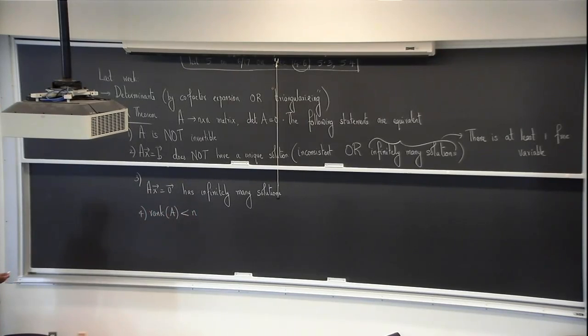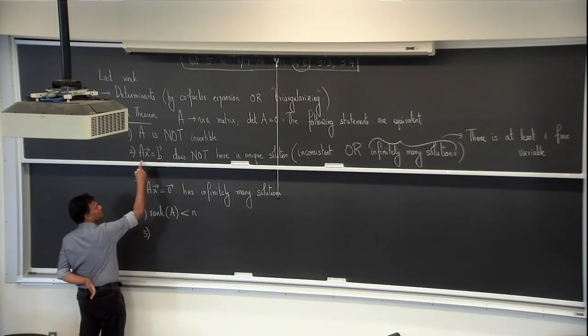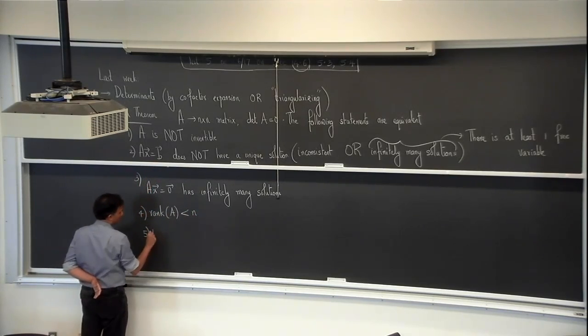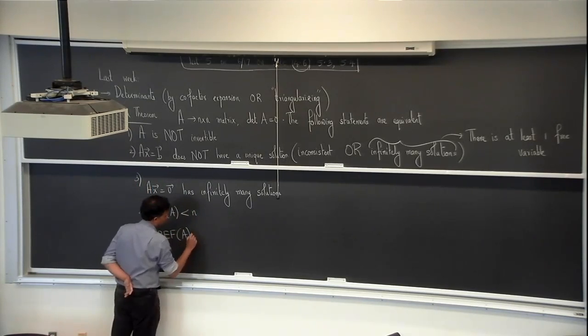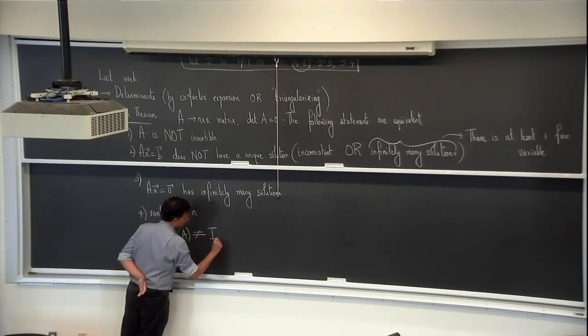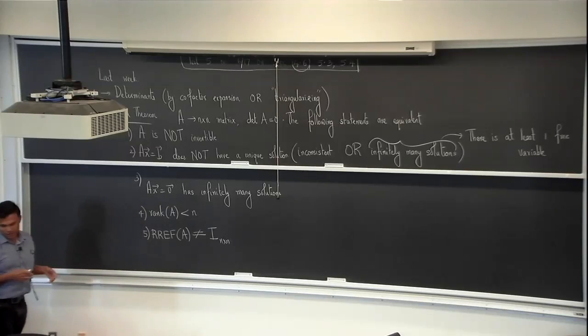That depends on the matrix, but it's not going to be equal to n. And number 5, again, this could be just a small variation of what we wrote here. The RREF of A is no longer the identity matrix, because it's not invertible, so you cannot reduce it to the identity matrix.